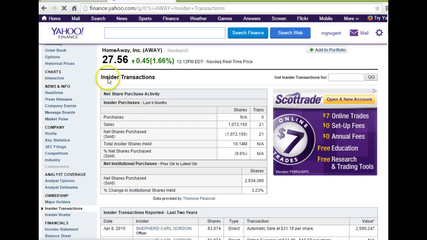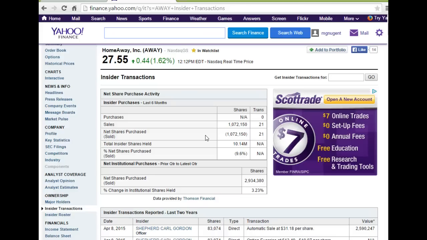So for this company, HomeAway, there've been no insider purchases, and there's been 1 million shares of stock sold. And the total insider shares held is 10 million. So 10% of those shares owned have been sold. So that's a really bad sign. I would not want to own this stock.